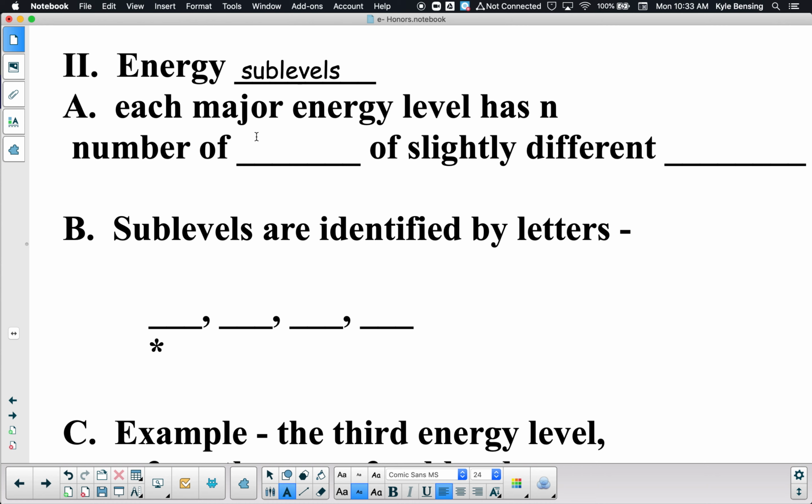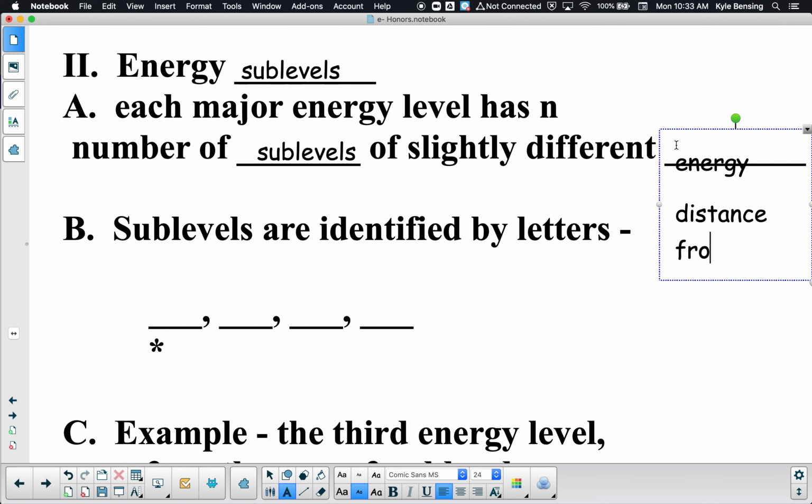Sublevels are of a slightly different energy. And remember that energy just means distance from the nucleus.